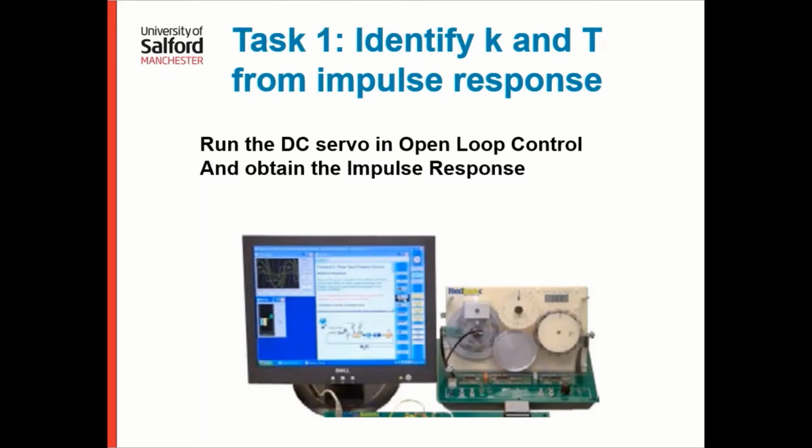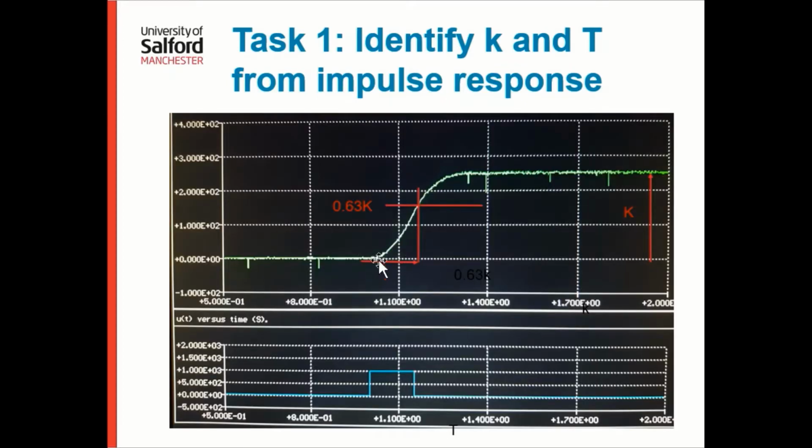Right, so we're now going to go off and try to identify k and T, having done our impulse response on the system. If we have a look at the shape of the graph here, we can see that this is going more or less halfway up between 200 and 300, so this must be about 250 there.